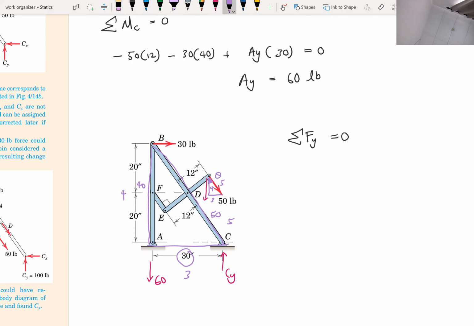Cos theta is adjacent over hypotenuse, so it is 4/5.